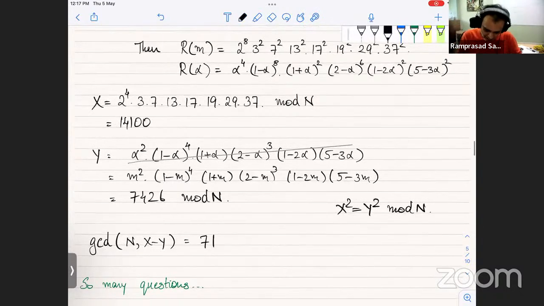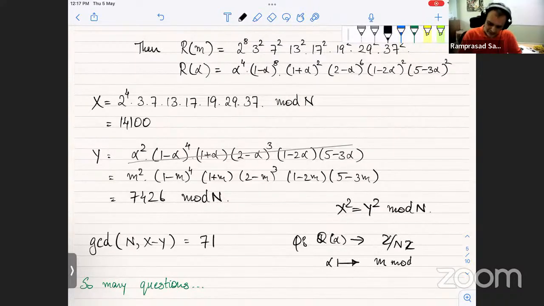The point is, there is a homomorphism from this number field, Q(alpha), to Z mod nZ, which sends alpha to the integer m, or m mod n, because alpha satisfies the same relation that m satisfies.